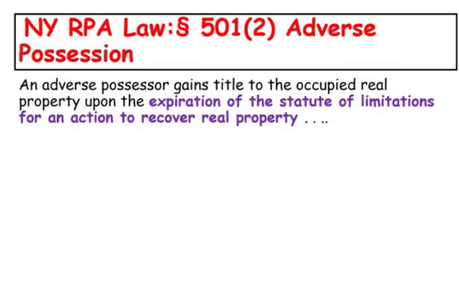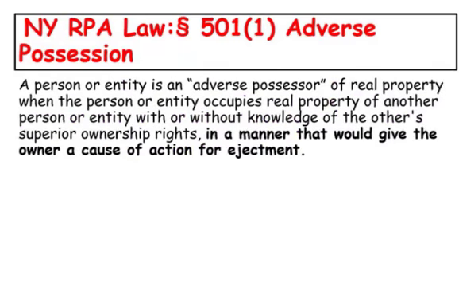So Section 5012 of the New York adverse possession statute says that an adverse possessor gains title to the occupied real property upon the expiration of the statute of limitations for an action to recover real property. You can see there's an interlocking definition here. An adverse possessor gains title at the expiration of the statute of limitations for an action to recover real property, and a person becomes an adverse possessor when they act in a manner that would give the owner a cause of action for ejectment.